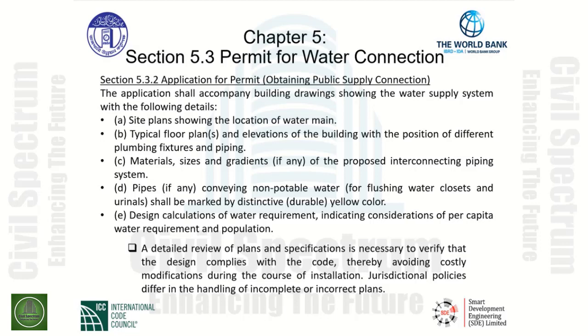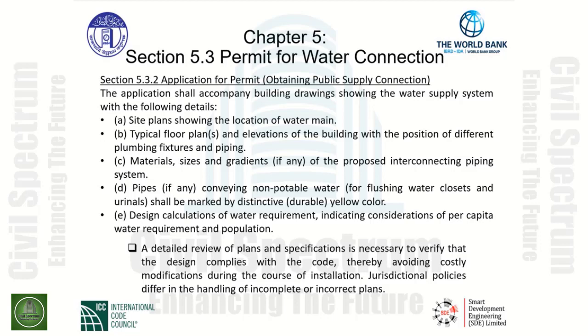Item B, typical floor plans and elevations of the building with the position of different plumbing fixtures and piping. This needs to be indicated on the construction documents, drawings. Item C, material sizes and gradients of the proposed interconnecting piping system.